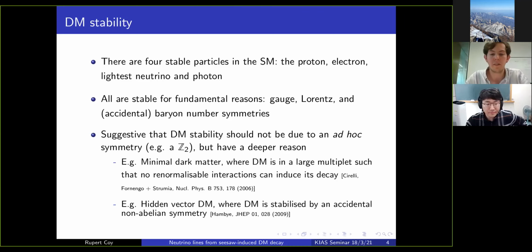Another example, which is an inspiration for the model that I'll talk about a bit later, is hidden vector dark matter, where you have some gauge symmetry that's spontaneously broken, but there's a remnant accidental symmetry that stabilizes the dark matter. I feel these are more attractive dark matter models because the stability of the dark matter emerges naturally, and is not just put in by hand to make something work.